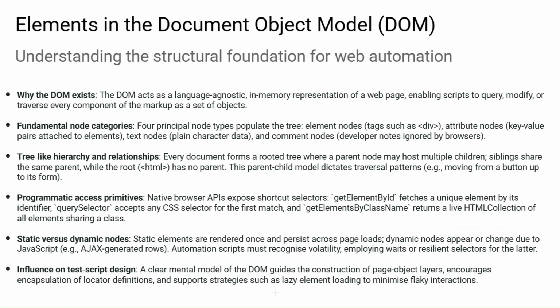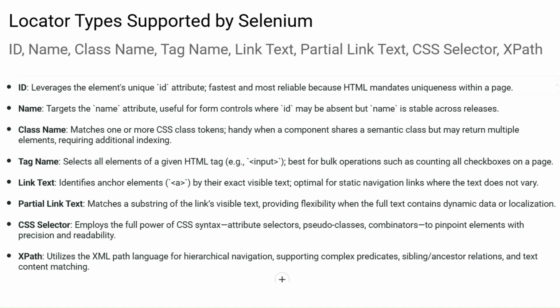Now let's navigate to the next part of our agenda, which is the locator strategies in Selenium. There are a total of 8 types of locators supported by Selenium. The first one is ID, then name, class name, tag name, link text, partial link text, CSS selector, and XPath.